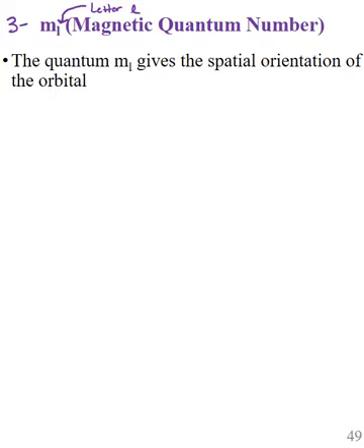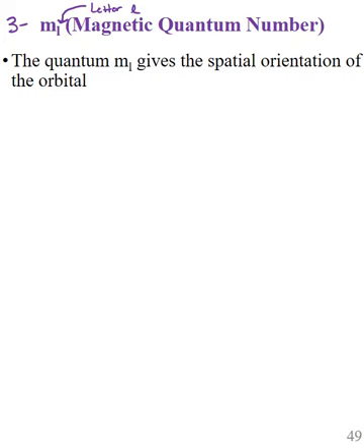Now let's talk about the third quantum number. The third quantum number is m of L, and it's known as the magnetic quantum number. Another thing to note is that this L looks like a 1, but it's actually the letter L. The quantum number m of L gives the spatial orientation of the orbital.